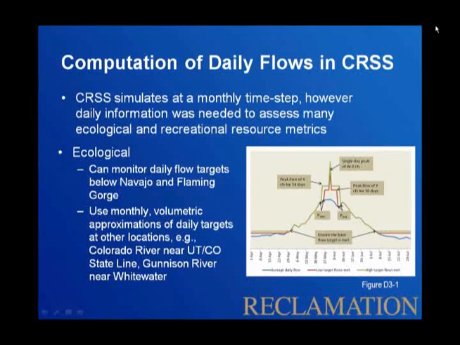And this is shown in the figure on the right, where the blue is the daily hydrograph at a location, and the red and green lines are different flow requirements. Once we've added those required flows or flow targets to the daily hydrograph, we summed the daily flows into a monthly volume so that we could evaluate those flow requirements in our model.